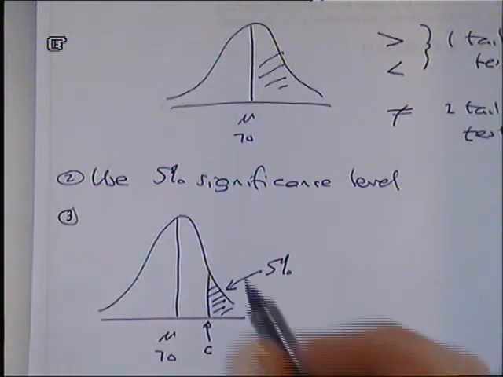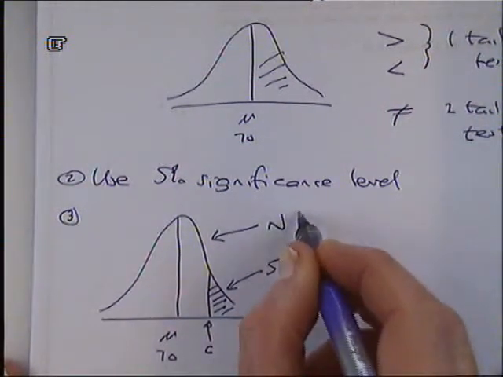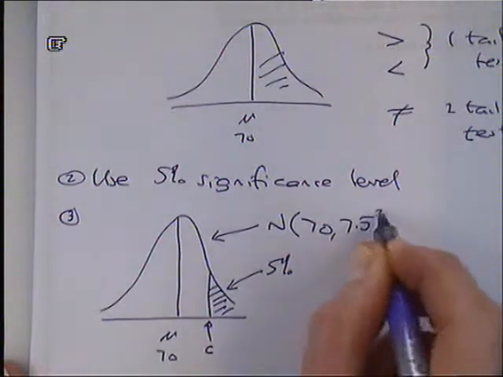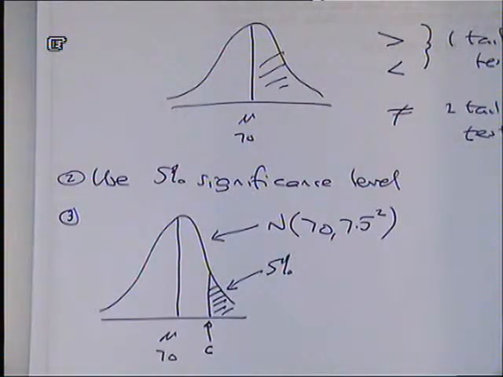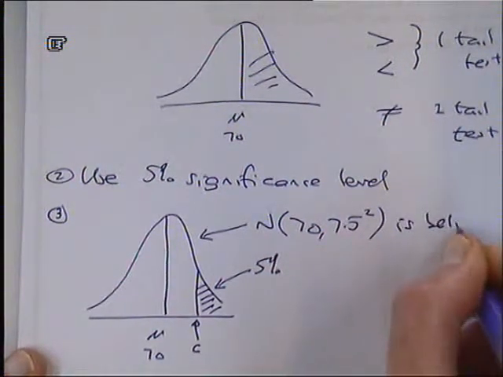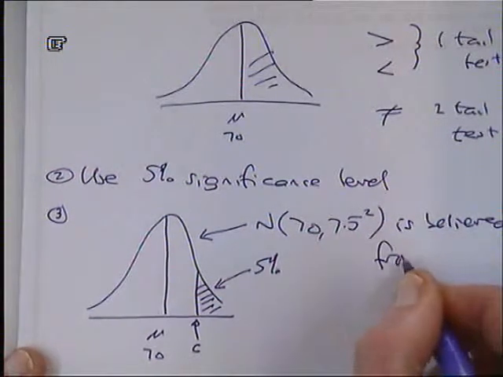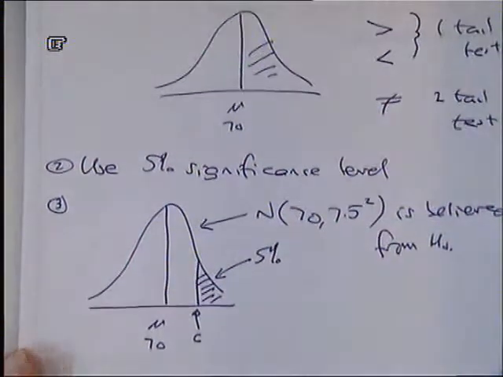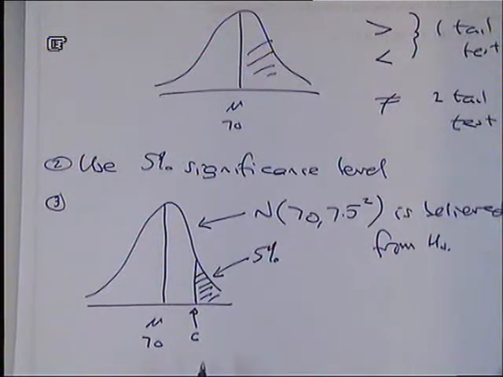If this curve here really is distributed normal, 70, 7.5 squared, because that's what it says in the null hypothesis, so we start off believing that to be true. That is believed, and that's from the null hypothesis, H0. So what we're going to do in a minute, we're going to work out this critical value C, and if the mean of our sample is in this shaded area here, if the mean of our sample is greater than C, then we are going to conclude they are actually heavier as a year group than averaging 70.